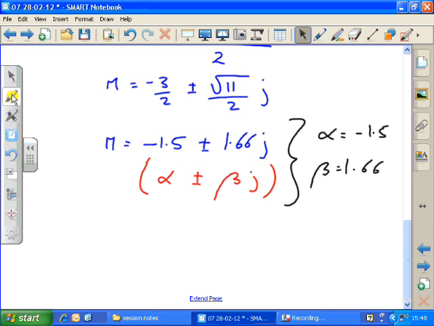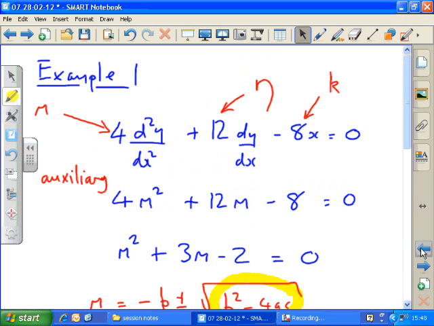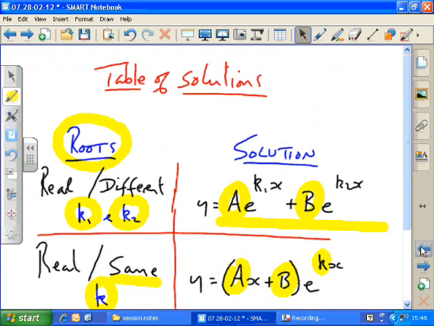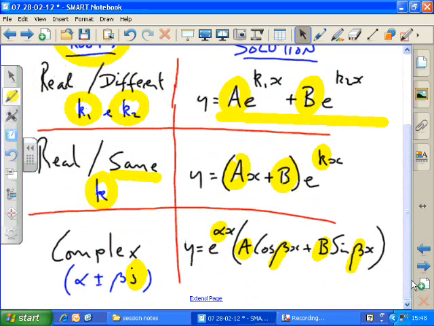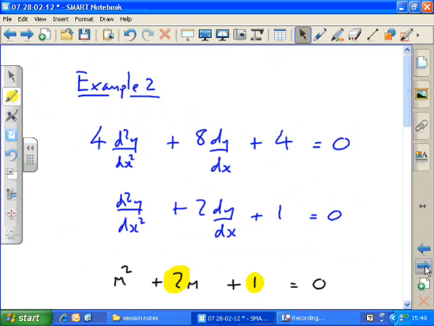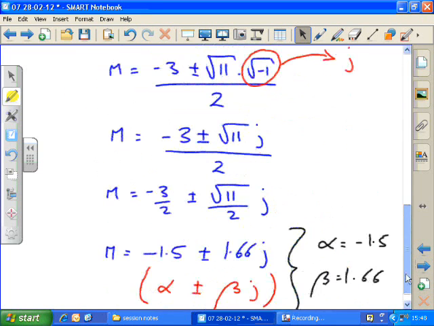So those are the values that go into our solution. It's a complex solution. So let's go back to our table. Looking for the complex roots, y equals e to the alpha x brackets a cos beta x plus b sine beta x. So let's write that form down.